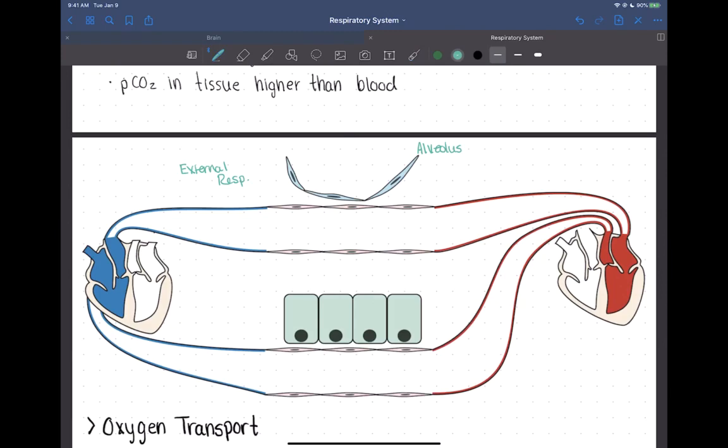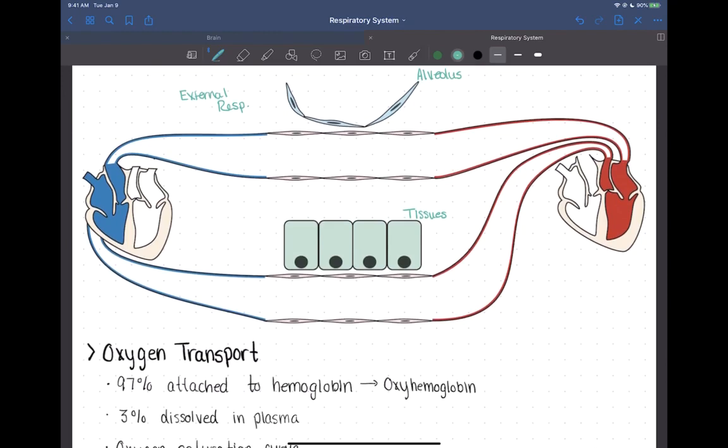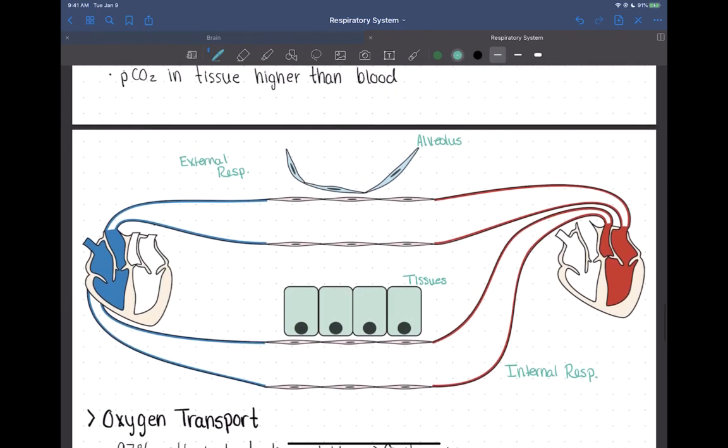And then down here, we would have the tissues. All right, this would be internal respiration. All right, and then that blood would continue back through the right side of the heart and go through external respiration again to pick up oxygen and get rid of carbon dioxide.